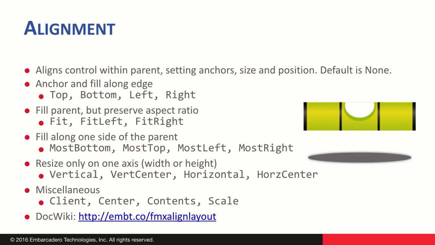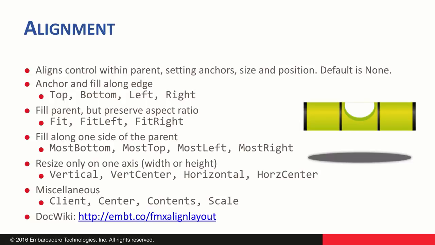Alignment aligns a control with its parent, setting its size and position. Okay, so the default is none. But let's say you want to have a control, like for example, a layout, fill the client area of the form. So you can set it to client, and that means that control would fill out all the space available to it. So frequently what I'll do is put down a layout. Now a layout is just a container similar to a panel in VCL that you can put other controls in.